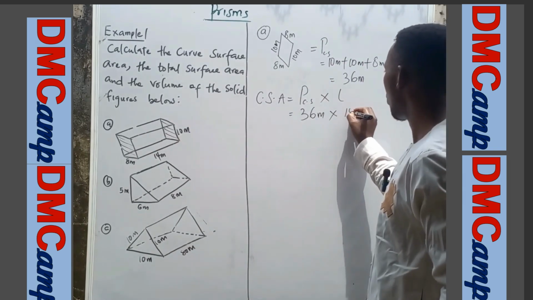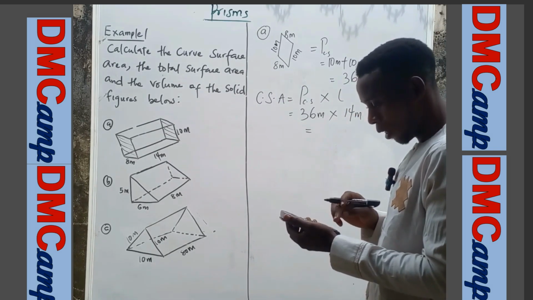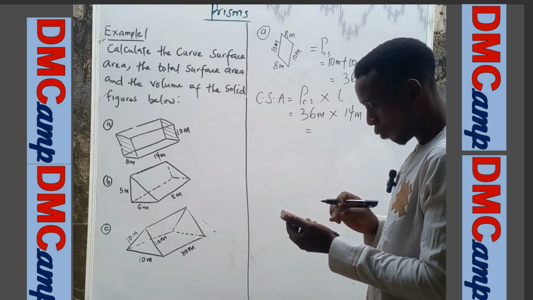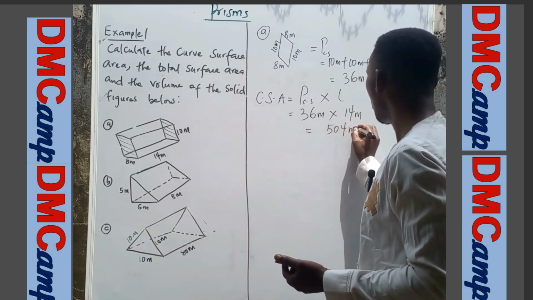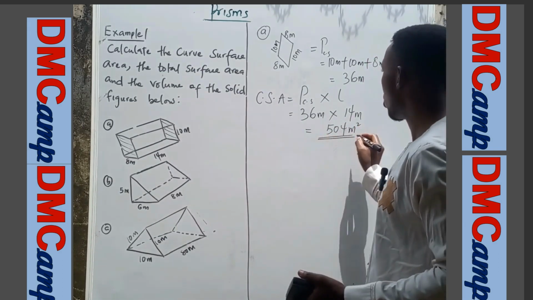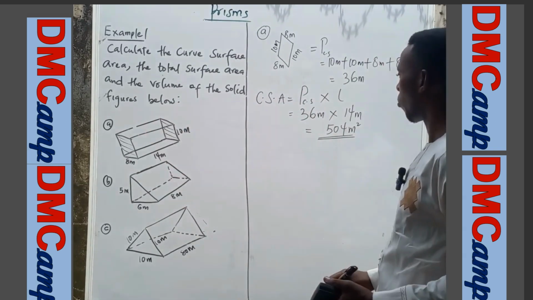The length is 14 meter. So if I multiply this, I'm going to have 36 multiplied by 14. So I have 504 meter square. So this is the curved surface area of this cuboid.